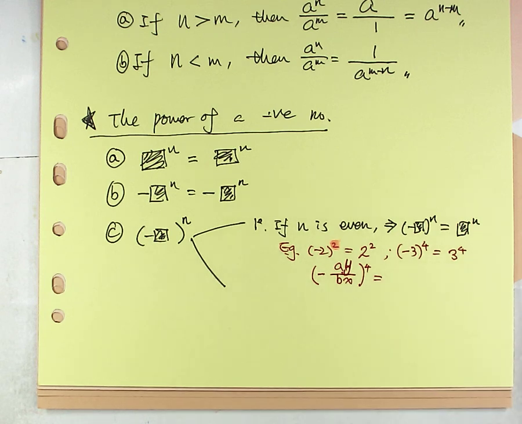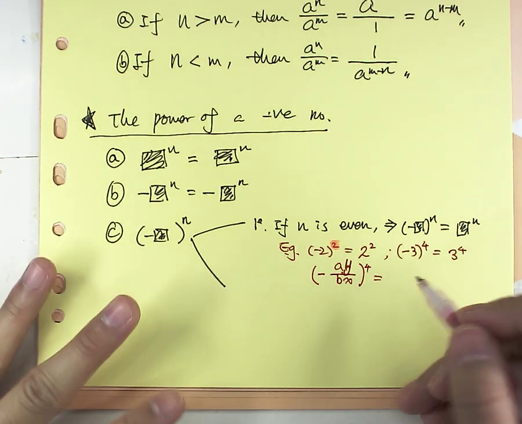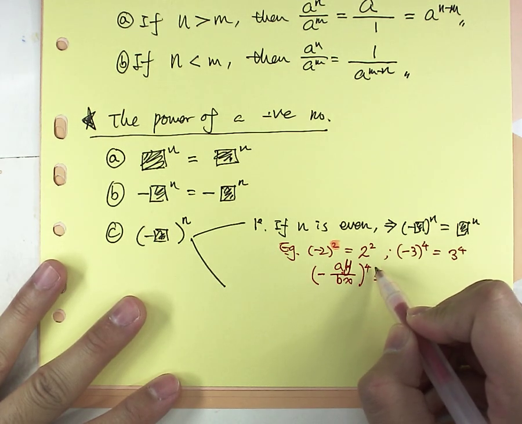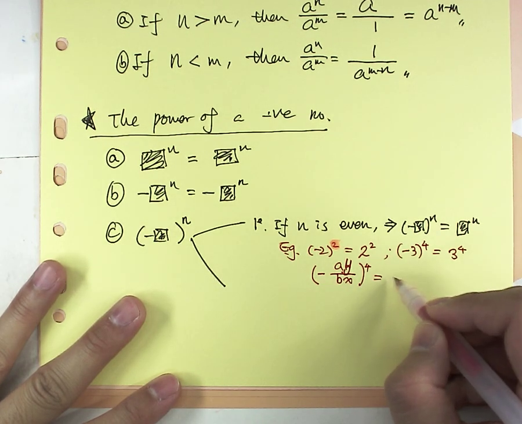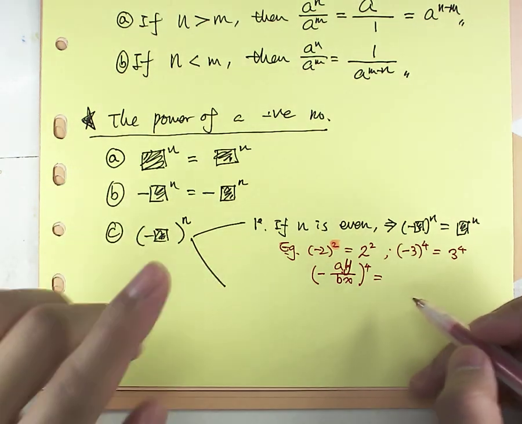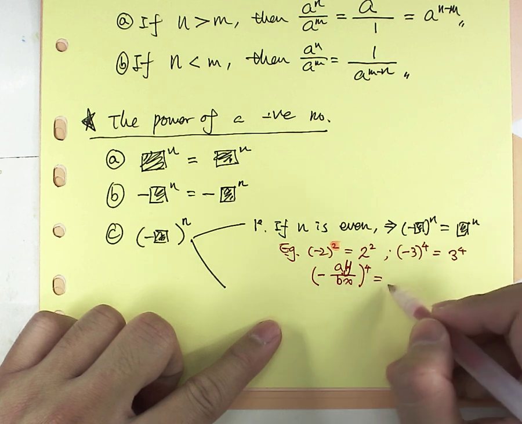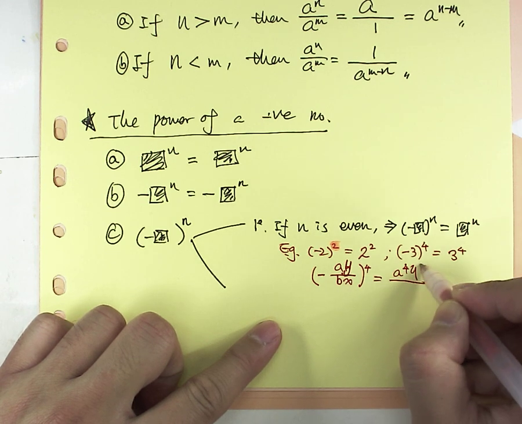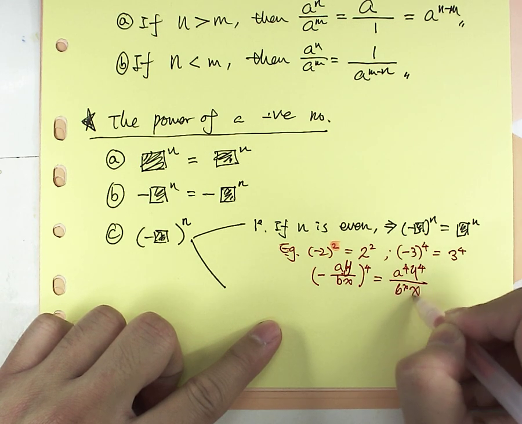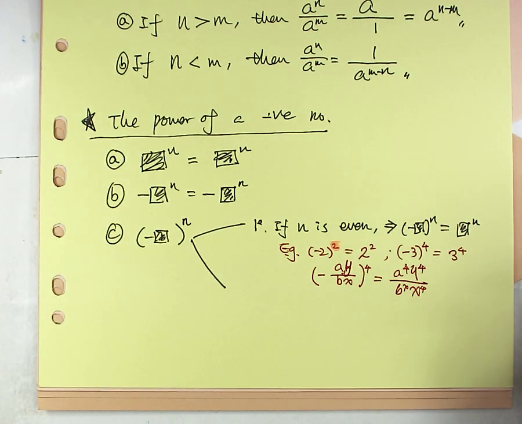The first result, I mean, is it positive or negative? Because this is 4, negative becomes positive. So in the next step, you don't have to write the negative. You just distribute the 4 to every unknown. Okay, this is a very important thing.